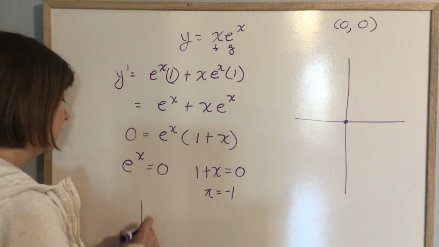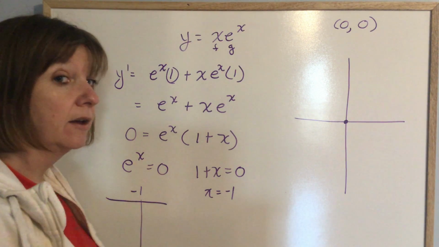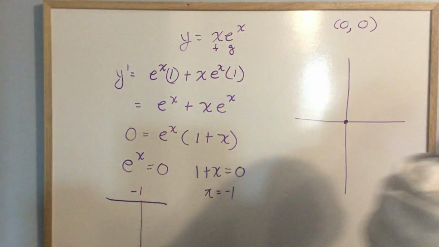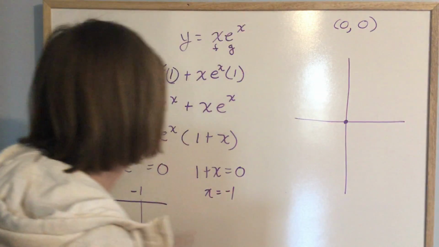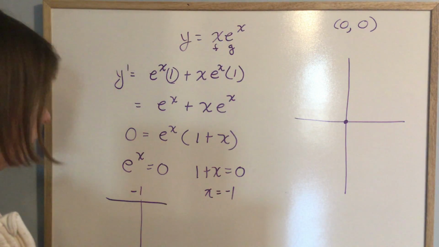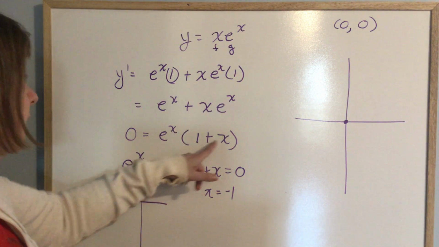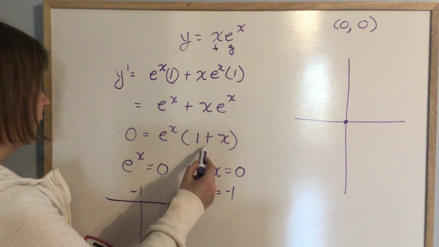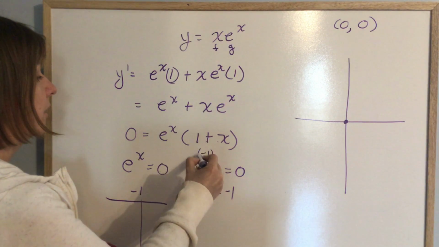So the only test place I have is -1. So I need a calculator. So I'm going to check before -1. So let's say -2, and I'm going to put it back into, let's say here. Doesn't matter, you can put it into anywhere. So if I do -2, 1 plus -2, that's -1.